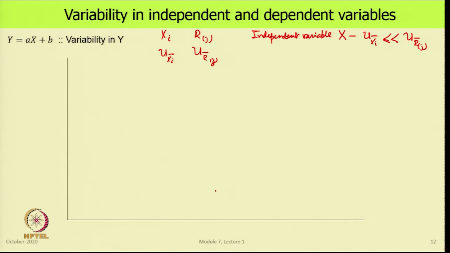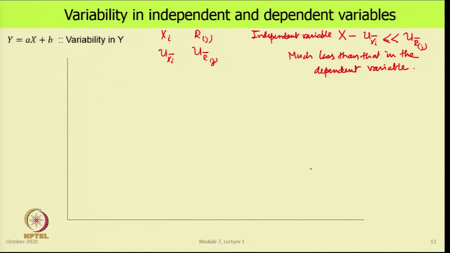So, we are saying that uncertainty in the independent variable is much less than that in the dependent variable. Practically, we will get a finite value, but it could be that in one case the uncertainty is of the order of 10 to the power minus 3, whereas this is of the order of 1. Then we say that yes, the uncertainty in my independent variable is very much less than the uncertainty in the result.